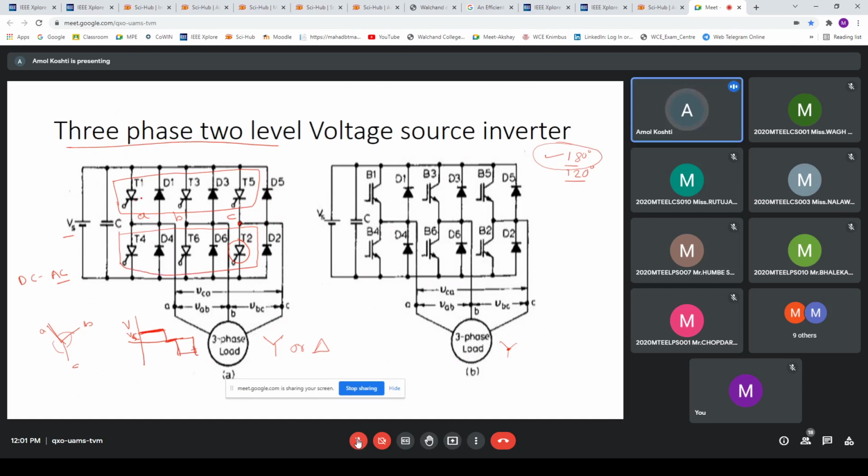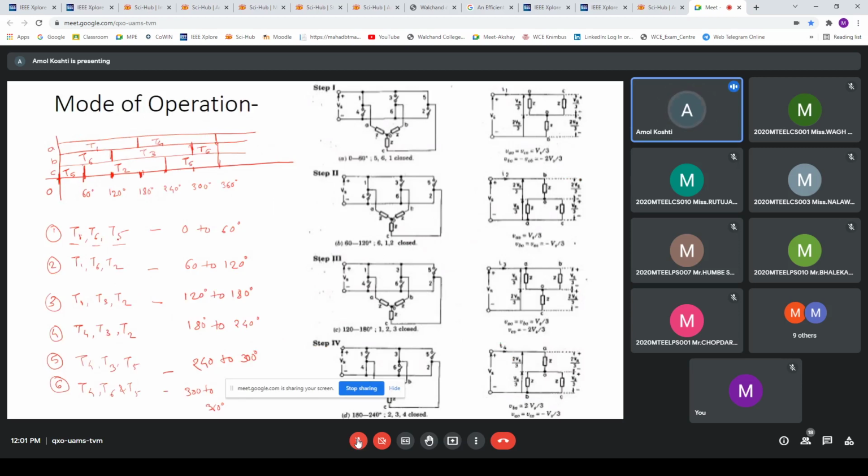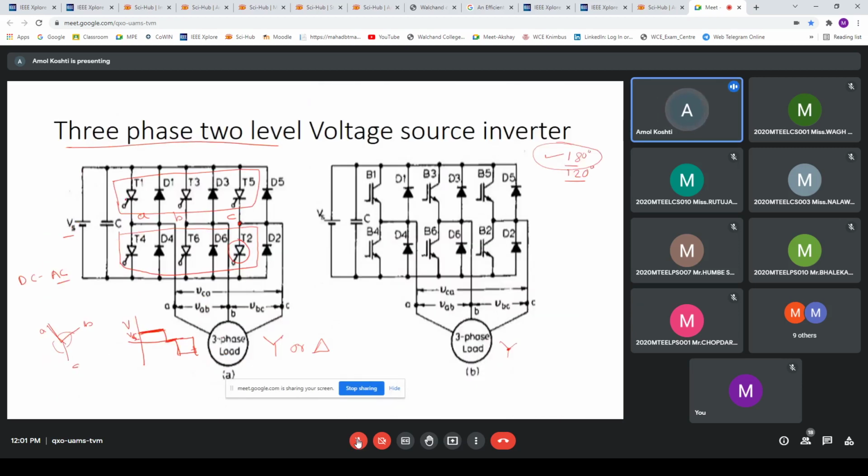Initially our T1 is on, T6 is on and T5 is on. So T1 is at the upper end, T6 is at the lower end, T5 is again at the upper end. Two upper end switches and one lower end switch are on.